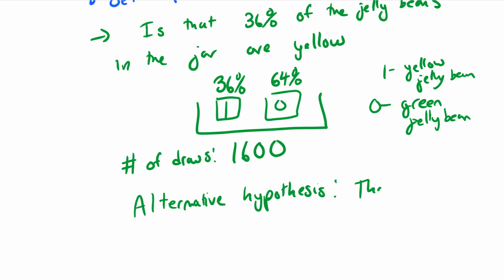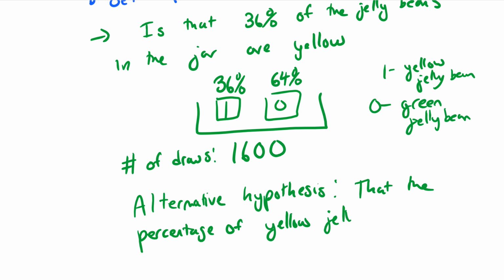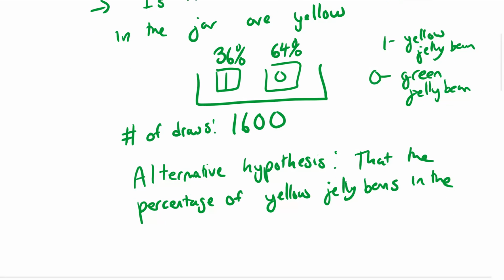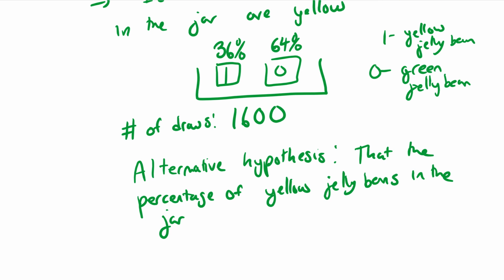And that is the percentage of yellow jelly beans in the jar is not 36%, and that's what we want to try to prove.